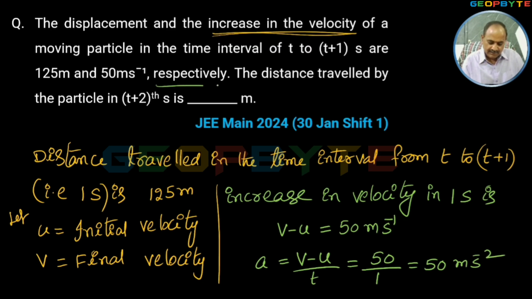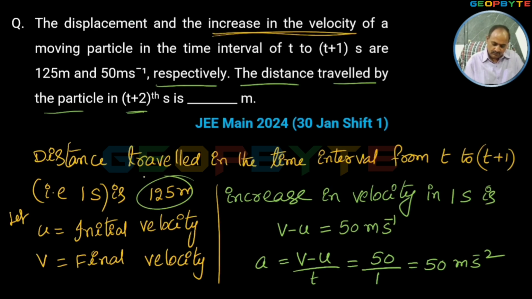Okay. Next. The distance traveled by the particle in t plus 2 seconds is? What is the distance traveled by the particle in t plus 2 seconds? First let us decide the initial velocity. You know v equal to u plus at, and already you got the acceleration.